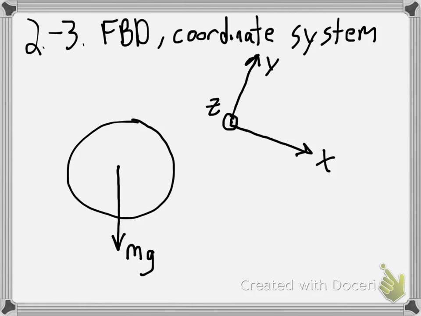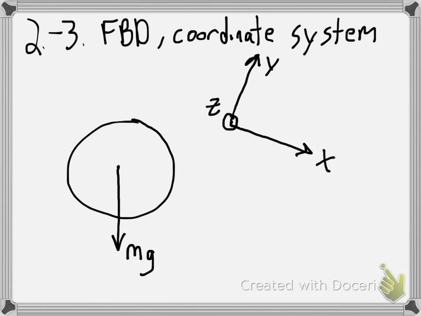Now, as I'll go through later in the lecture, we'll investigate what will happen if the center of mass is not in the center of the object like it is in this particular problem. Right here I have another homogeneous disk, but then it has attached to it a mass close to the edge. So now the center of mass will be off of the center of the object. Okay, so we'll investigate how that changes the problem. But for now, we just have the weight acting through the center.